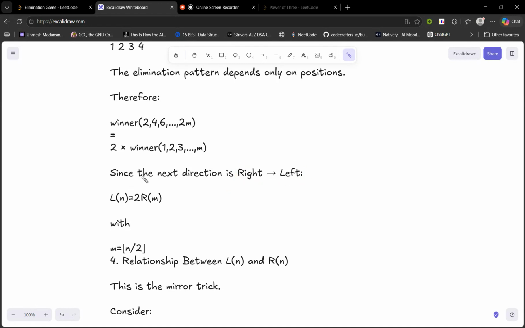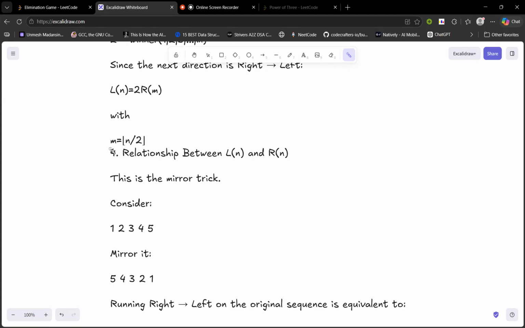R. And when the next direction was left to right, we called that L. So now we performed L, and the winner can be written as 2 into the winner of 1, 2, 3, 4, and so on to m. We can write L of n is equal to 2 times R of m, where m is n by 2.